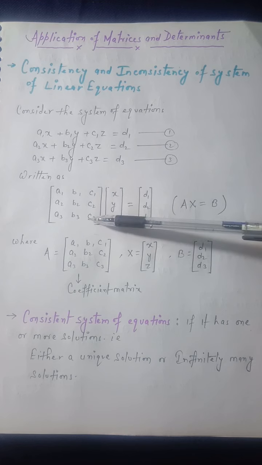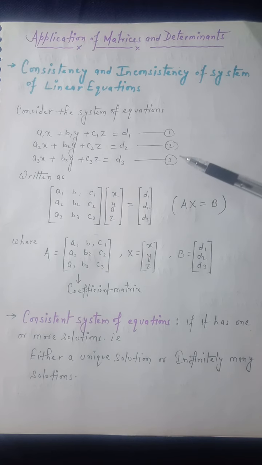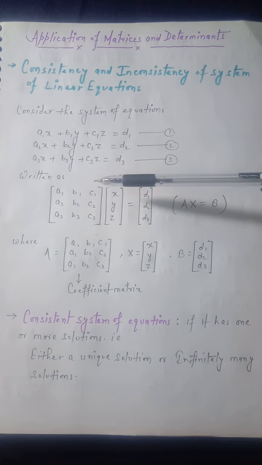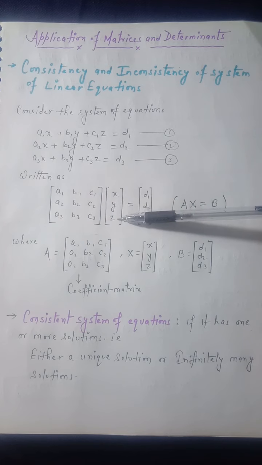If we assume that the first matrix is capital A, the second is capital X, and the third is B, we can say that the matrix equation for the three given linear equations is in the form AX equal to B.